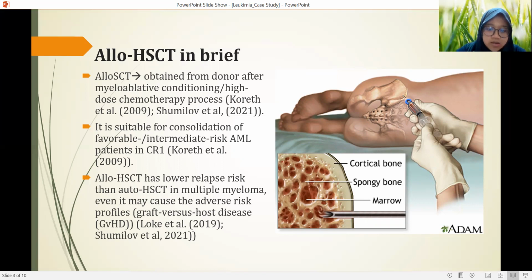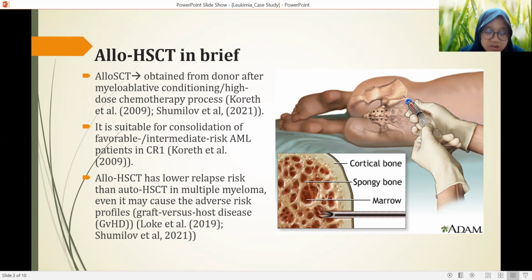So when a patient is going to be transplanted with hematopoietic stem cells, they have to do the high-dose chemotherapy process to suppress the cancer, the leukemia cancer. It's suitable for consolidation of favorable or intermediate risk AML patients in CR1, the first complete remission.